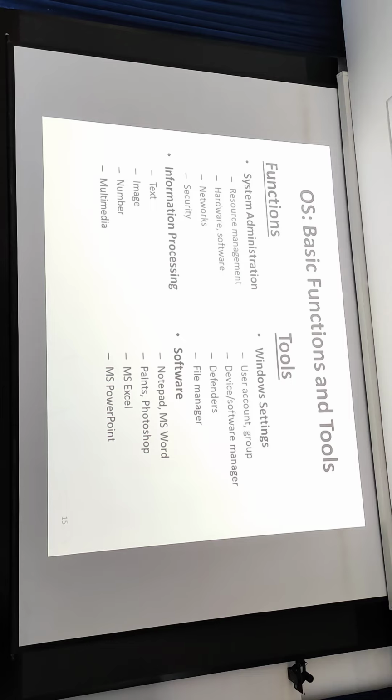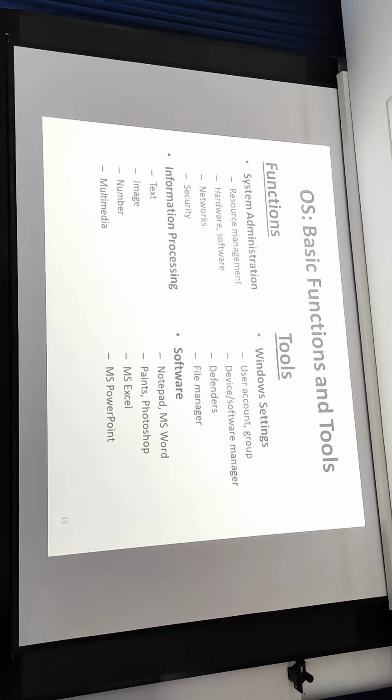Every operating system provides us basic functions: accessing the internet, connecting with the keyboard and the printer. It also has different tools, for system administration, resource management, and inspecting the hardware and software.